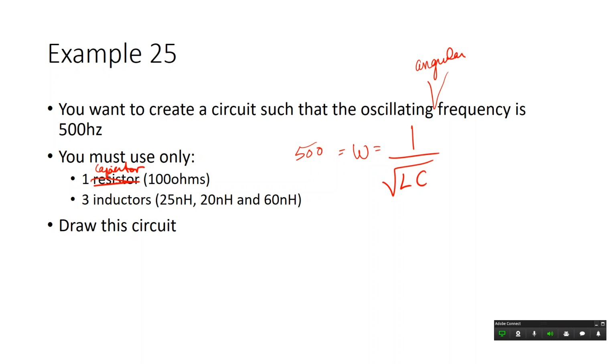So it's going to be 500 equal to 1 over the square root of L multiplied by C, which is not 100 ohms, but 100 farads. So let's square both sides. I'm going to get 250,000 is equal to 1 over L times 100.